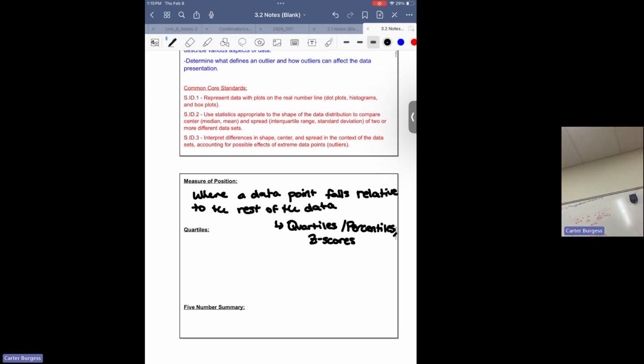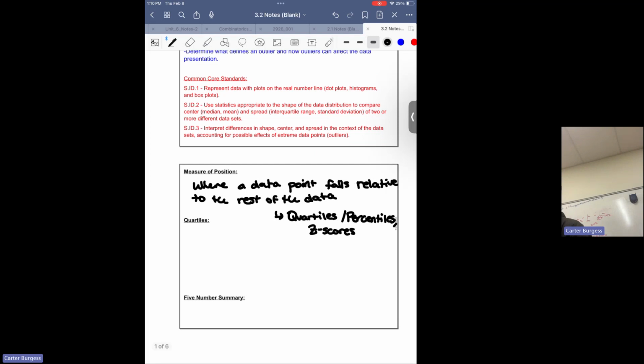All right, as far as quartiles are concerned, we have three different quartiles that we can talk about, labeled appropriately Q1, Q2, and Q3. It's a little bit weird to talk about quartiles before talking about percentiles.